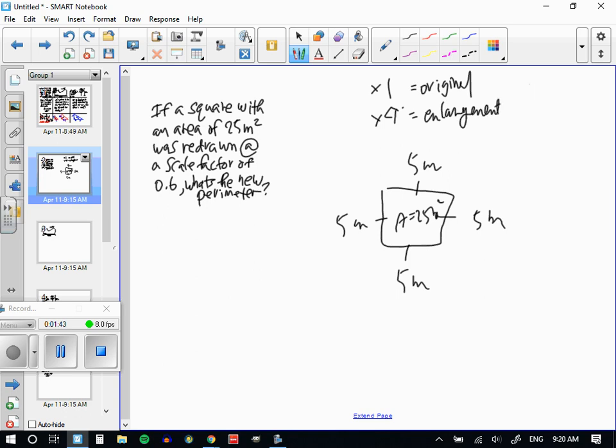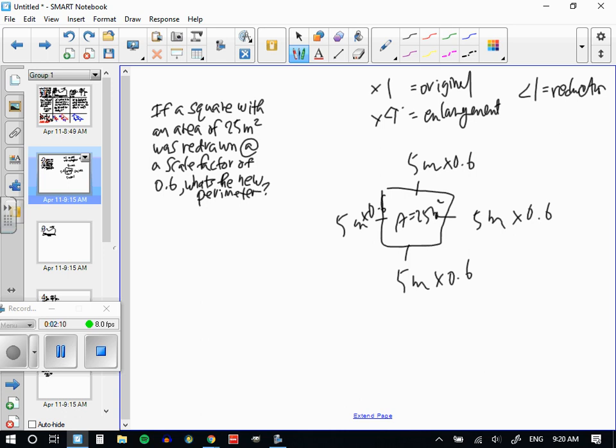And if it's less than 1, it's going to be a reduction. So a scale factor of 0.6 is going to be 60% of the size of the original image. So each of these is going to be multiplied by 0.6 to give me the new image.